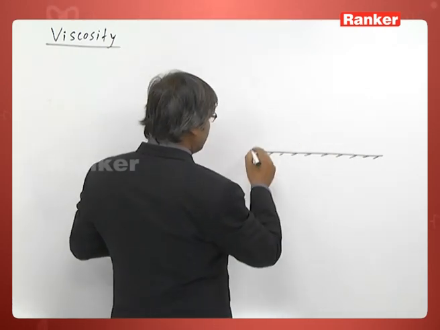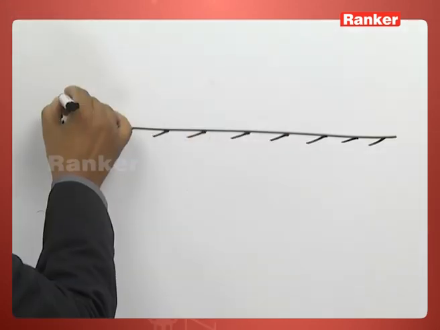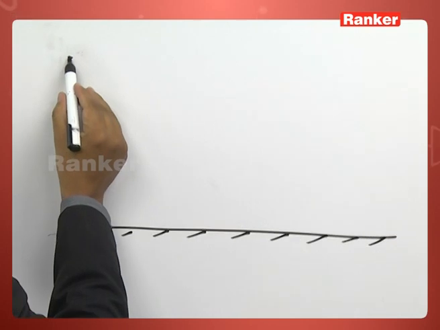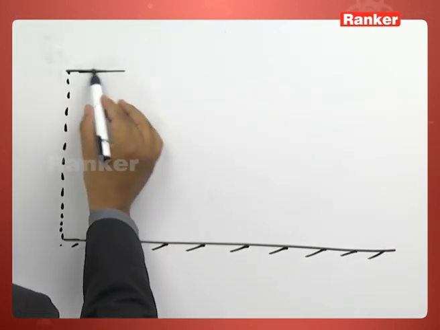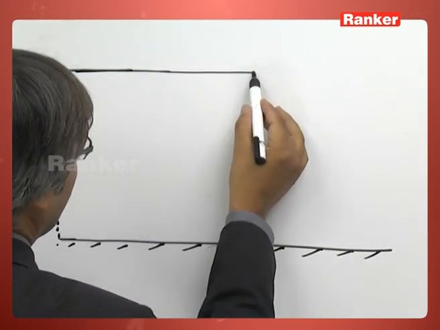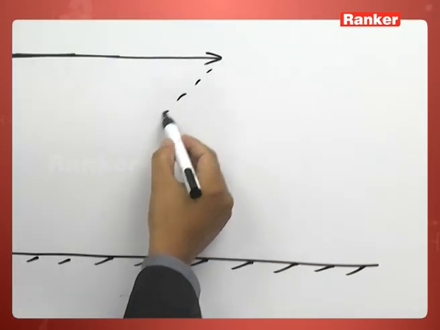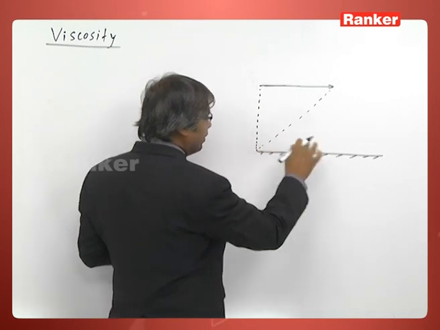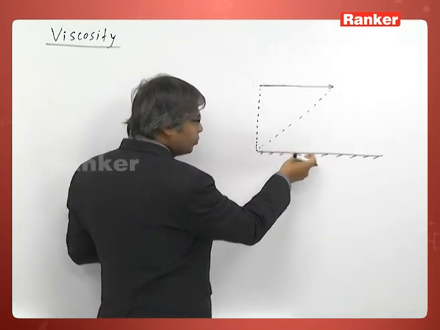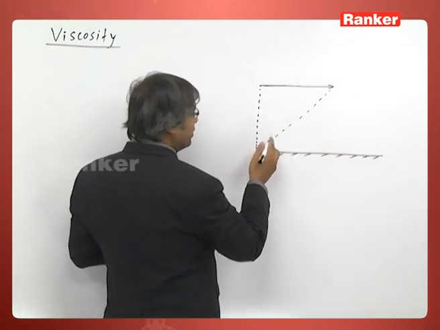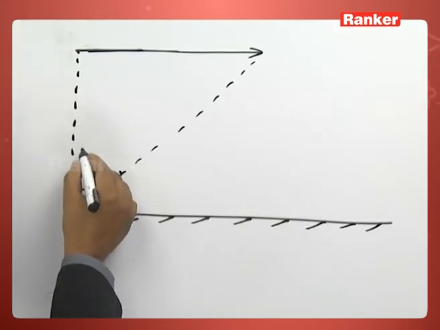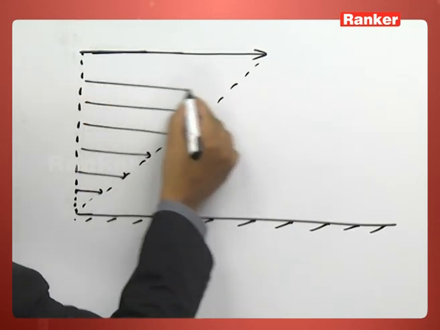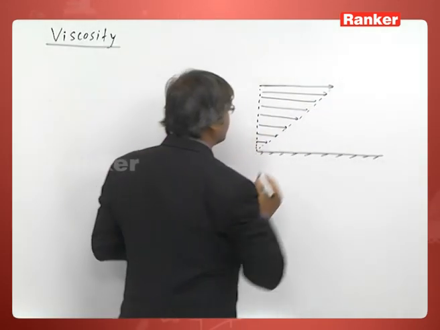I have shown the liquid up to this height, and the liquid at the top will have a larger velocity, and we see that at the bottom the fluid flowing adjacent to this floor will be at rest, and as you go on the fluid flow will be like this.